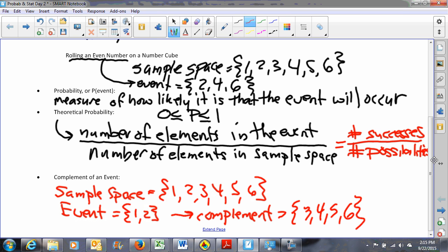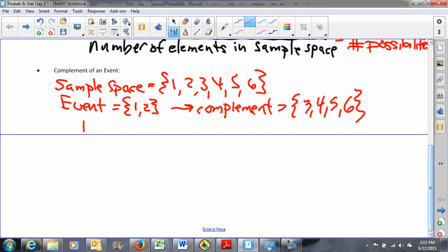And ordinarily, if we have an event and we call it E, for example, then the complement of the event would be this little tilde in front of E, or not E. Now, there's a couple of things to know here.